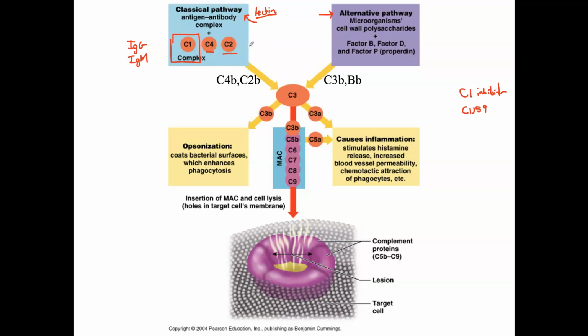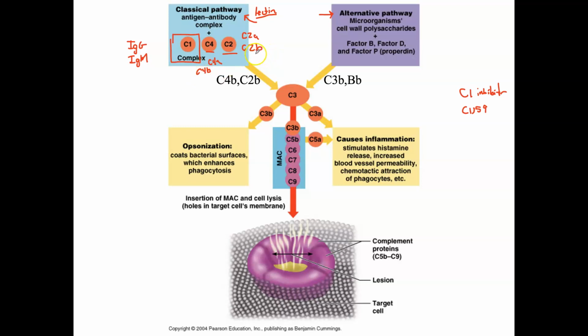Typically, when complement proteins get activated, they're broken down into 2 fragments. So C2 becomes the C2a and the C2b fragments. C4 becomes the C4a and the C4b fragments.